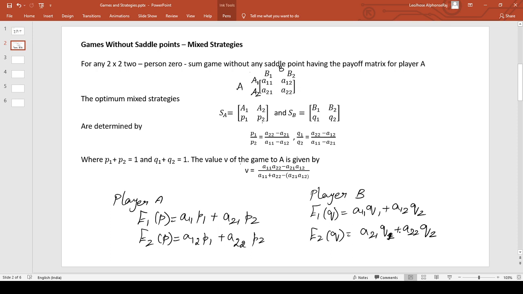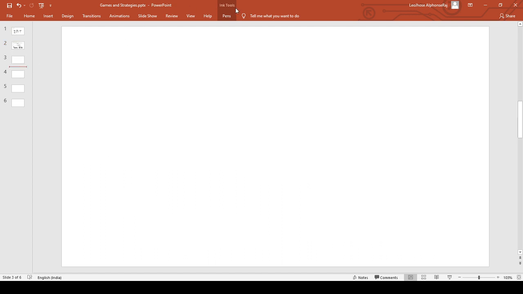After writing this, the players are actually going to use mixed strategies. So when we have to consider both P and Q, the expression becomes like this.